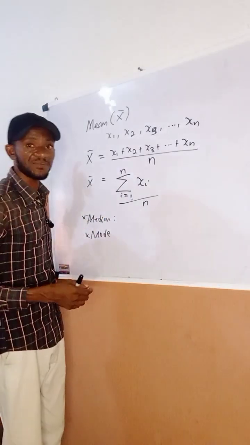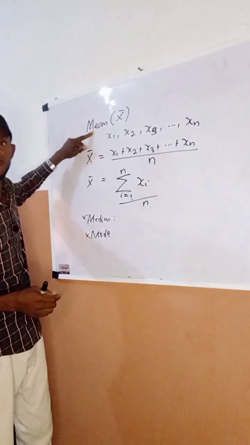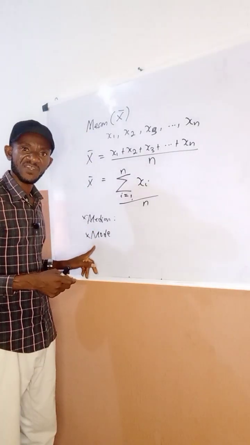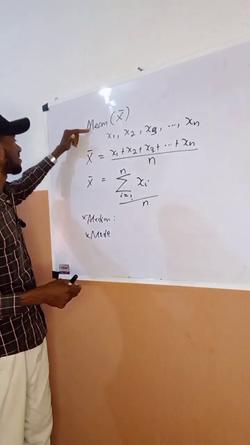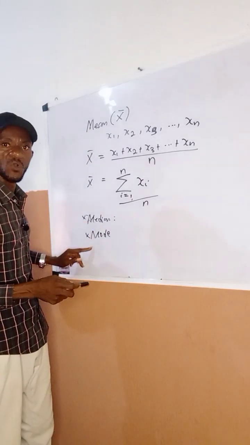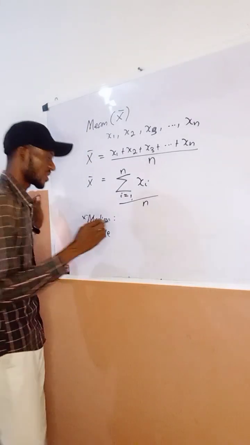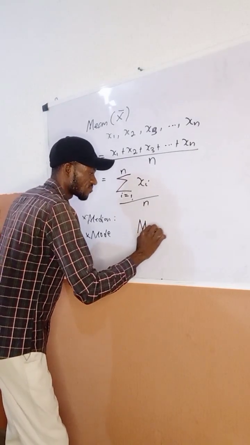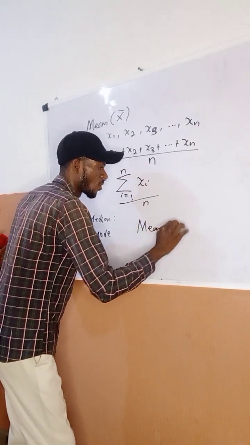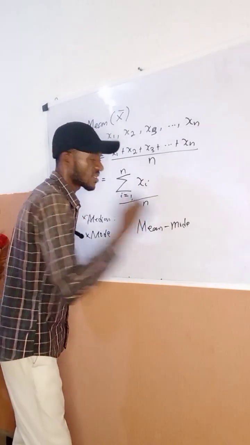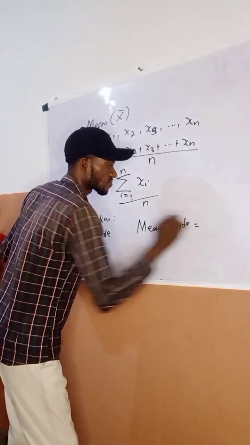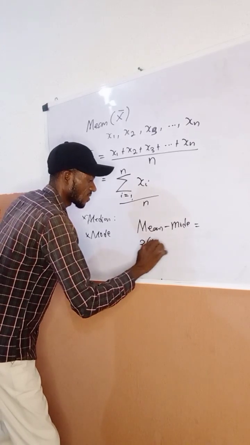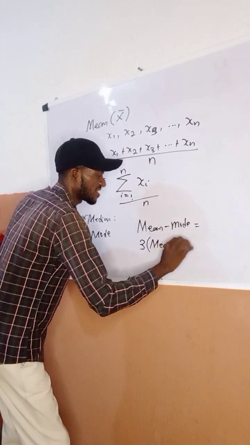There is a relationship between the mean, the median, and the mode. This relationship is represented this way: the mean minus mode equals 3 into mean minus median.